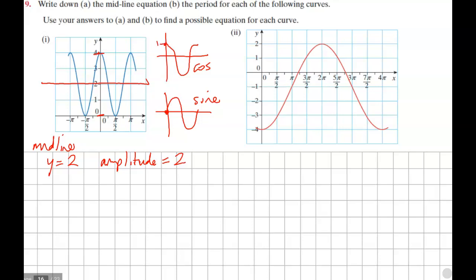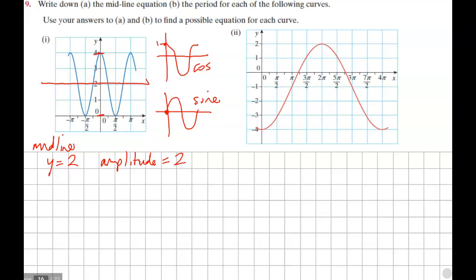So sine starts at 0 and cos starts at 1. You just have to learn those two. So I can see here that it looks like the cosine curve, that U shape. I know it's not starting at 1, but we can understand why. The whole thing has been moved up 2, and it's been stretched by a multiplier of 2.